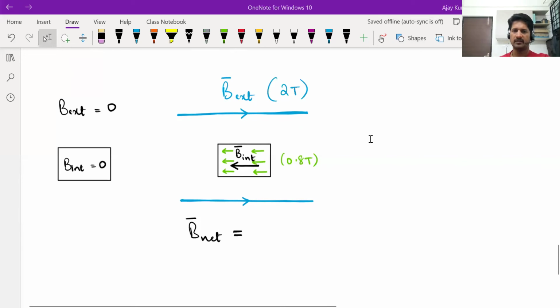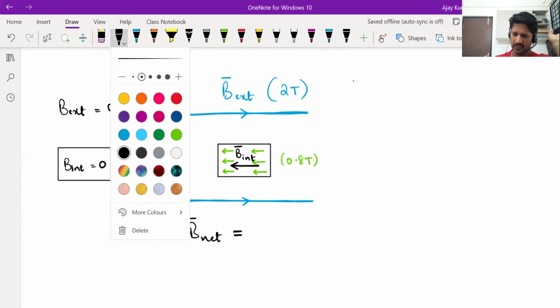Okay, Manasa, how much will the net field be? So 2.8. See, 2 is in the forward direction, 0.8 is in the backward direction. So it will be 1.2 Tesla. Correct.